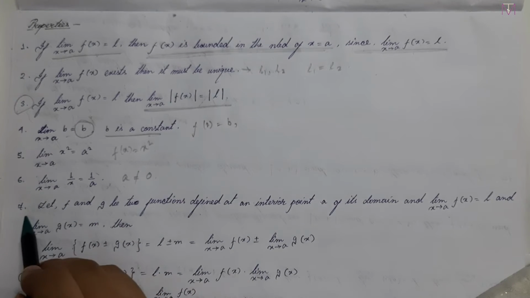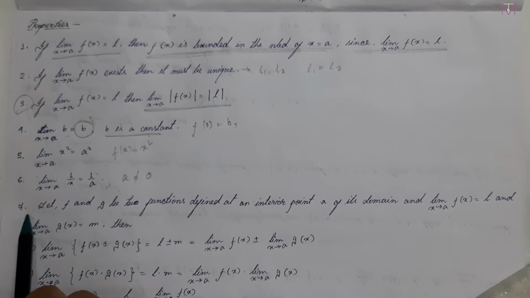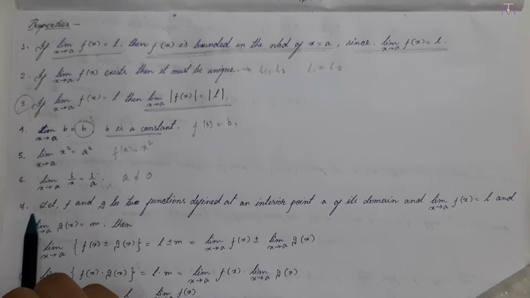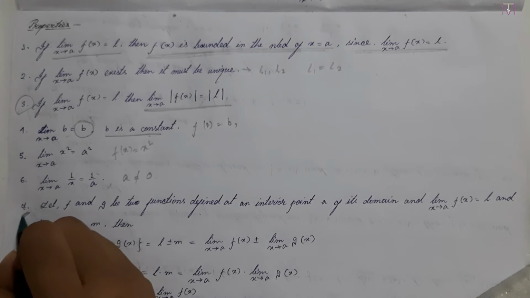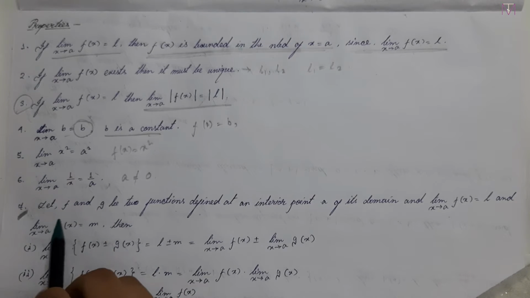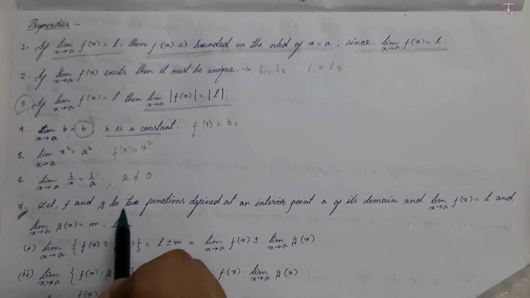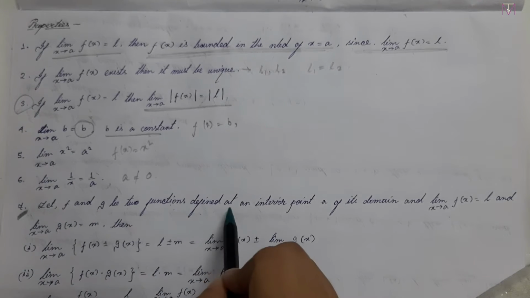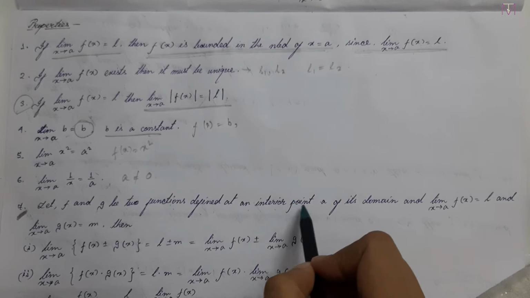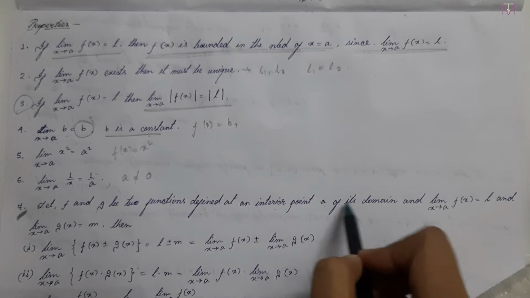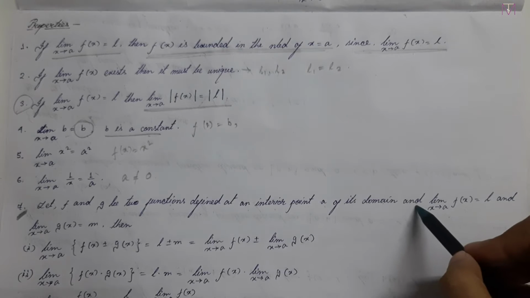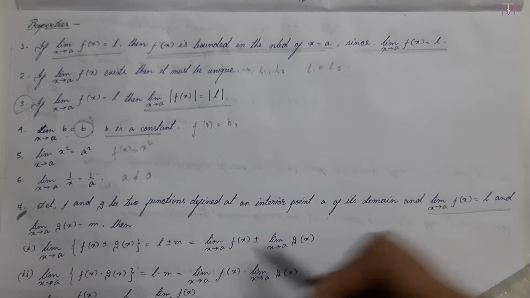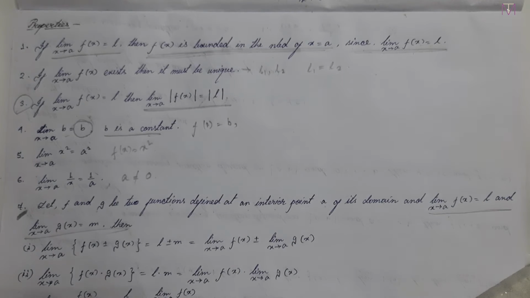Now, this is an important property called algebra of limits. Let f and g be two functions defined at an interior point a of its domain D, and the limit as x tends to a of f(x) equals L and the limit as x tends to a of g(x) equals m.